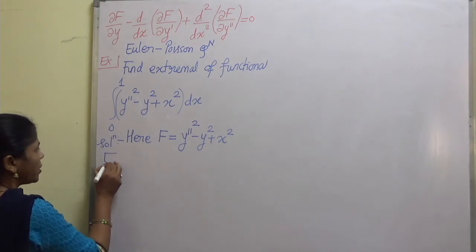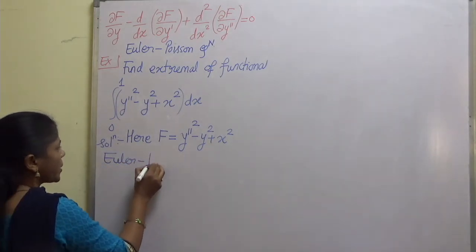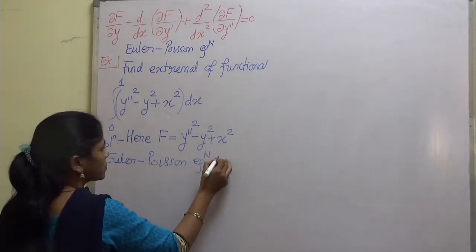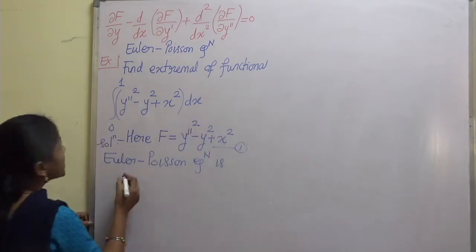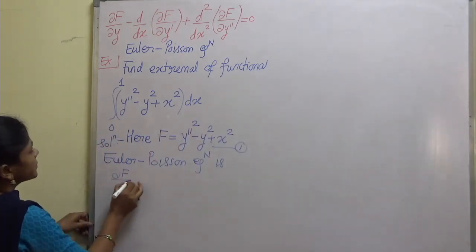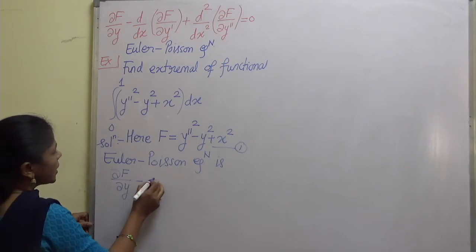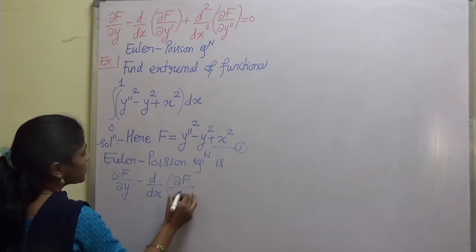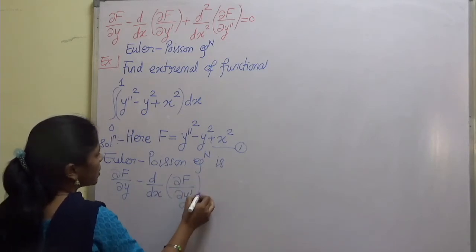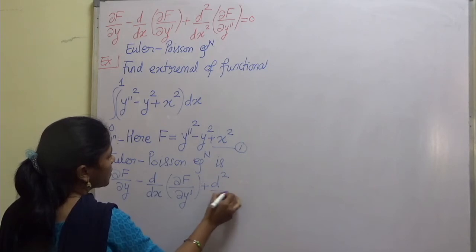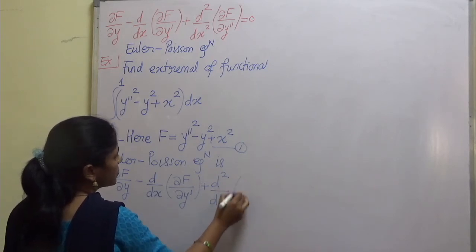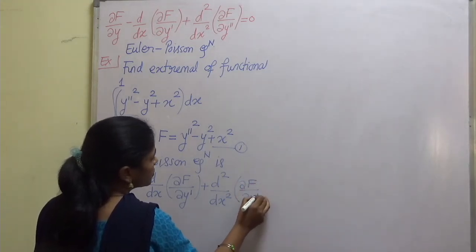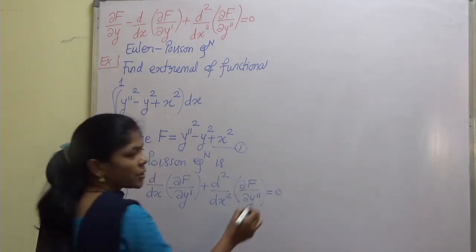Now we will write the Euler-Poisson equation. Euler-Poisson equation is del f by del y minus d dx of del f by del y dash plus d2 by dx square of del f by del y double dash equal to 0.